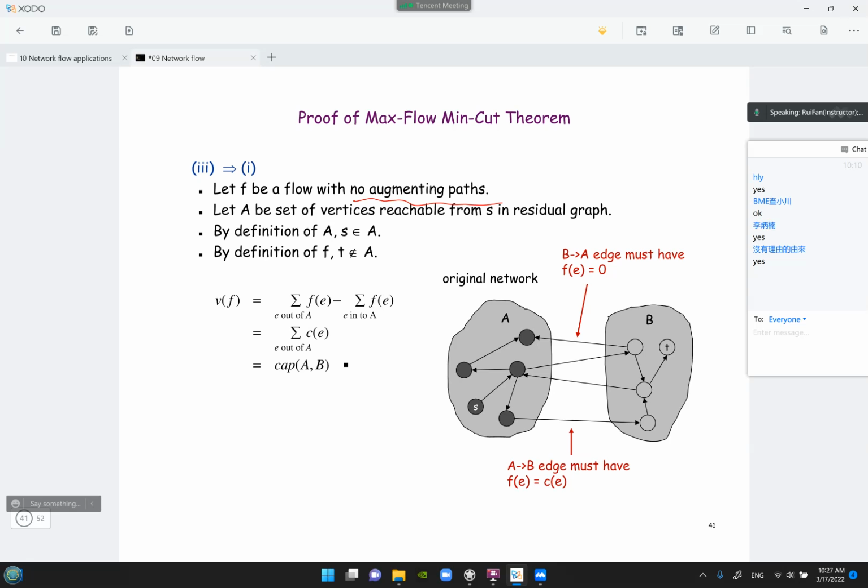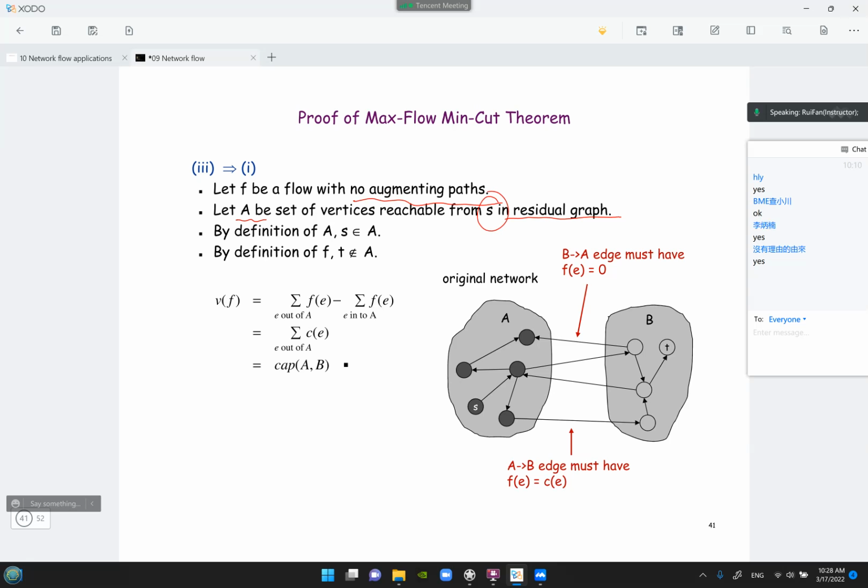We define a set A by first looking at the residual graph for F. Once you have F, you build a residual graph, and A is going to be the set of vertices which are reachable from S in the residual graph.